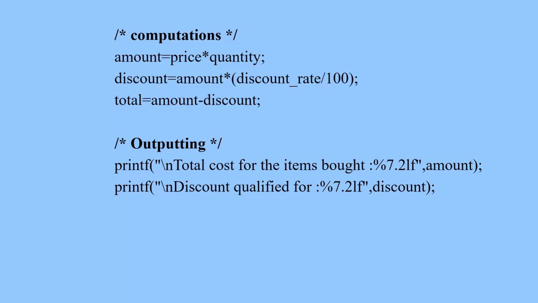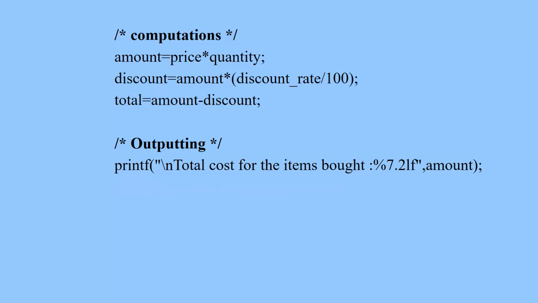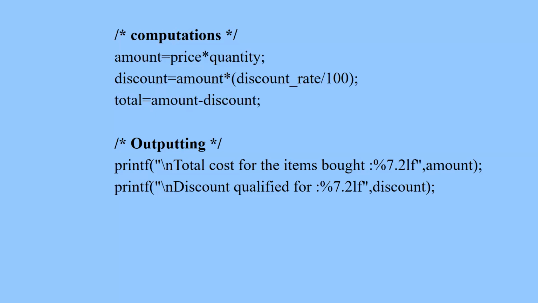And out of the 7, 2 of them should be for the cent section, the decimal part. So if, for example, what you have as a discount is 15.75, then this statement will be displayed on the screen as follows. Discount qualified for 15.75.